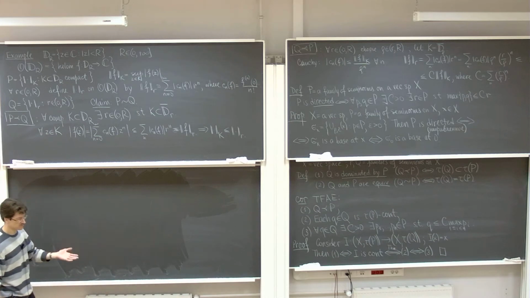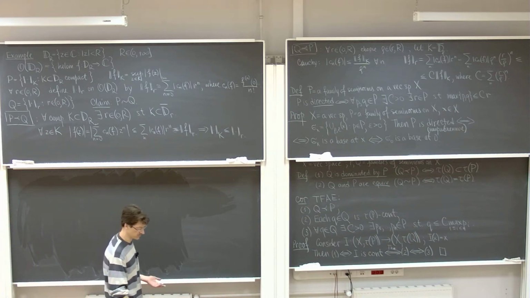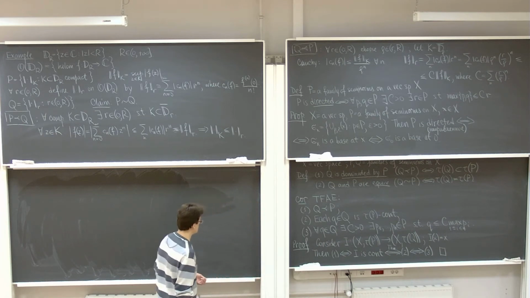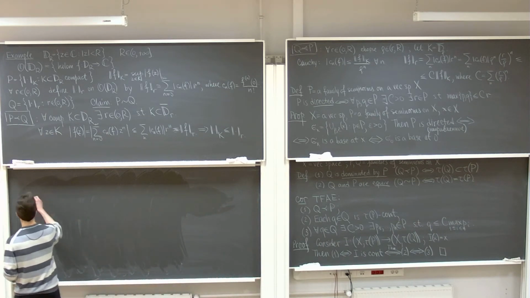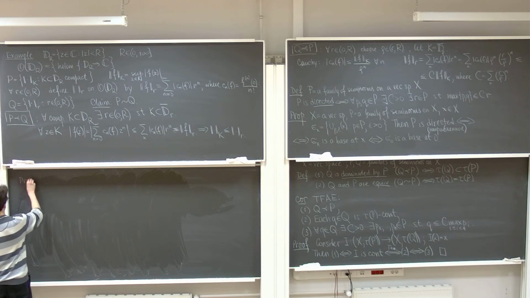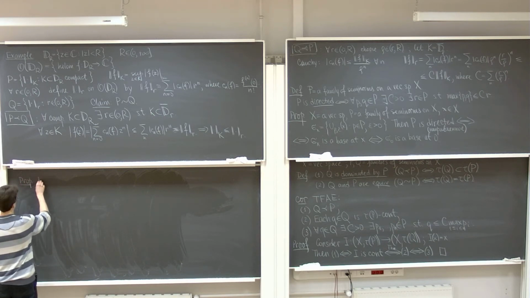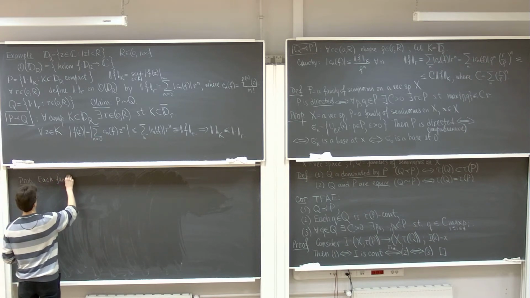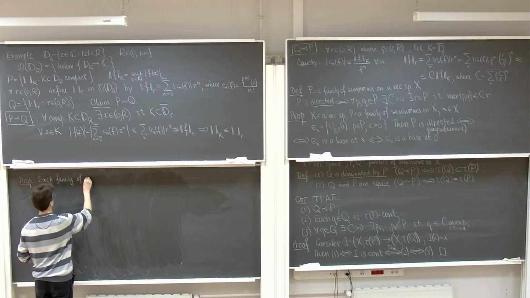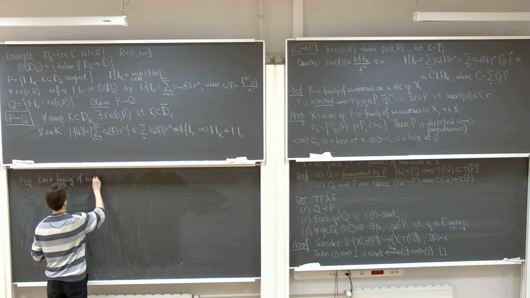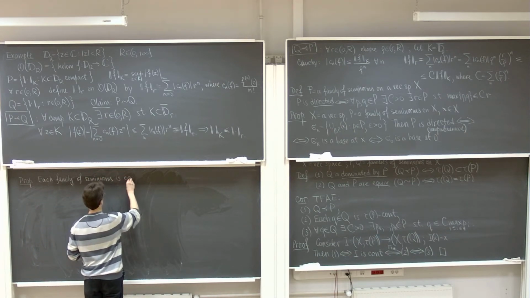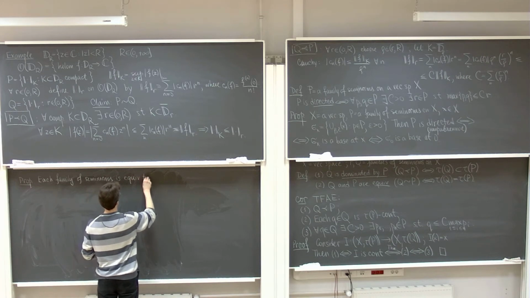Okay, so directed families are more convenient than arbitrary families. But on the other hand, we have the following result, proposition. Each family of seminorms is equivalent to a directed family.